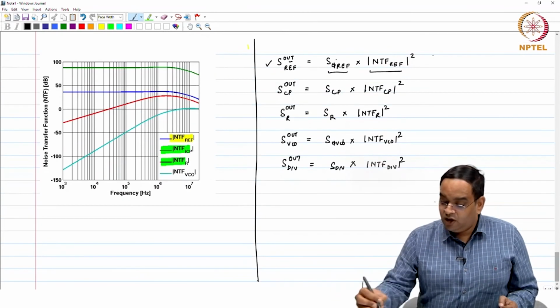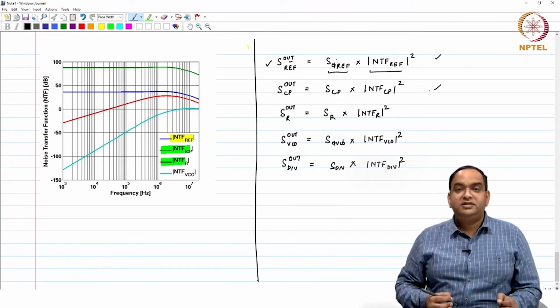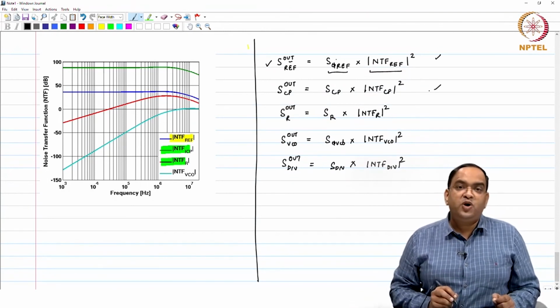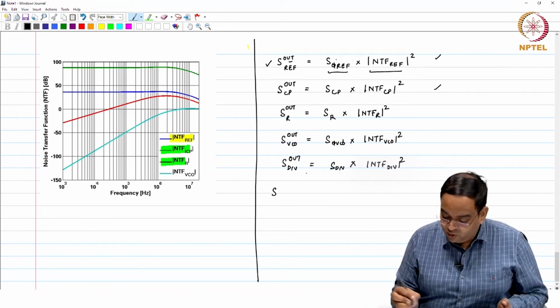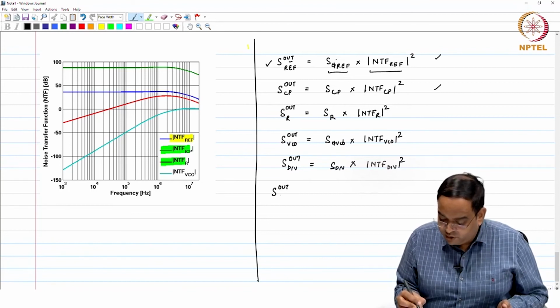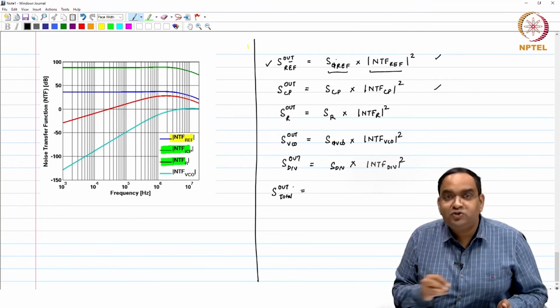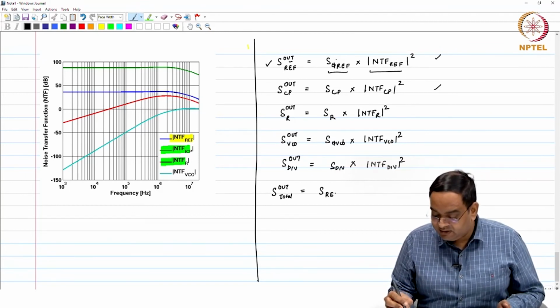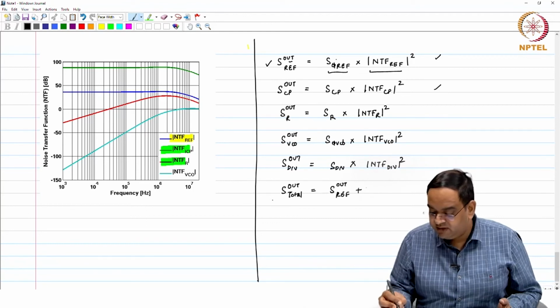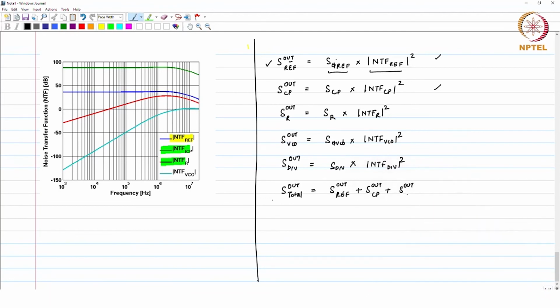Once we have all these, S out is actually the output noise power spectral density due to different sources. To calculate the total noise, S out total, all these noise sources are independent of each other, so their noise spectral densities are going to add up: plus S out charge pump, plus S out R, plus S out of VCO, plus S out divider, plus S out PFD.